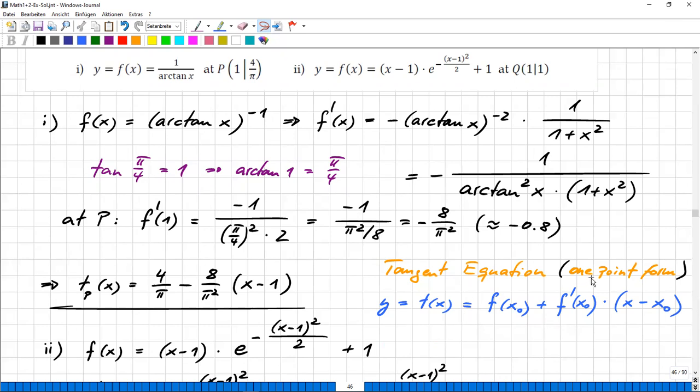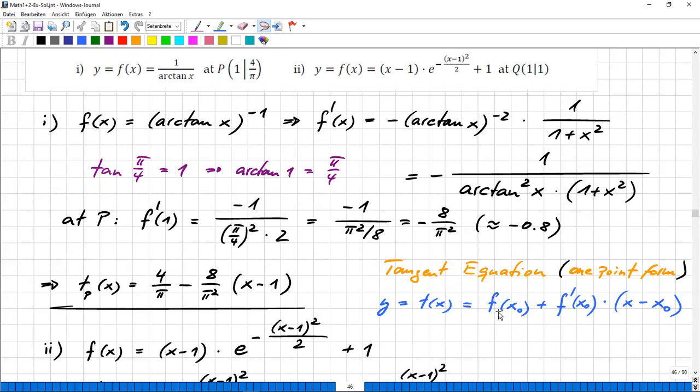So this is why it's called a one-point form, because this is the possibility to construct a linear function by using just one point and additionally the slope of this linear function. You should know it. So that's the standard form of the tangent equation.